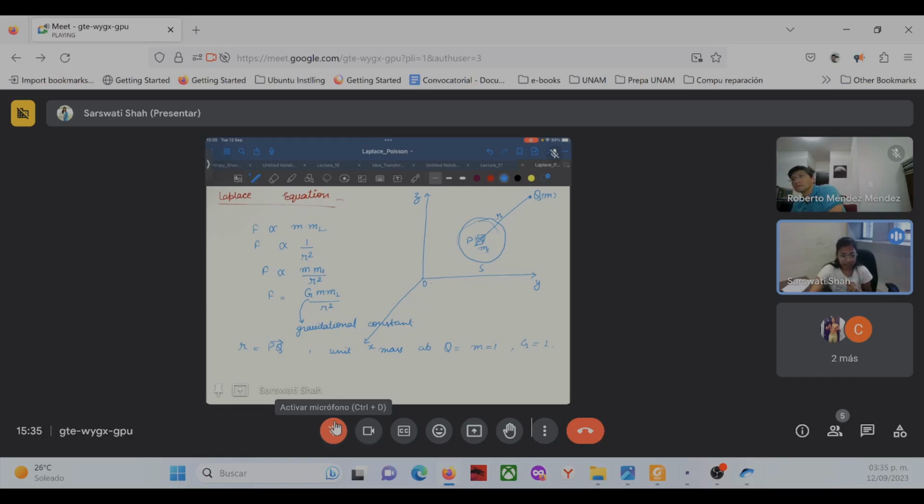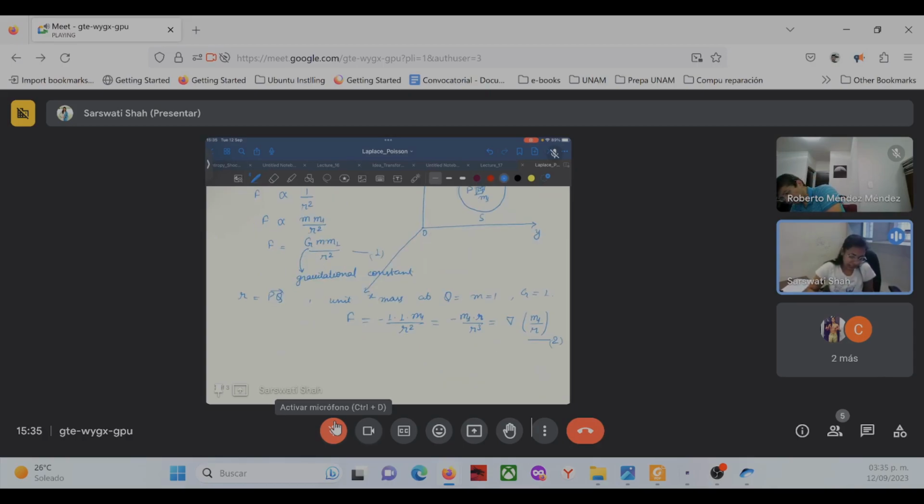Now if I am talking about the force at Q, I am taking the force in the negative direction. So because of that, F will be minus 1 into 1 into m1 over r square, or we can write minus m1 vector r over r cube, and this can be written as gradient of m1 over r. Say it is your equation number 2, which is called the intensity of the gravitational force.